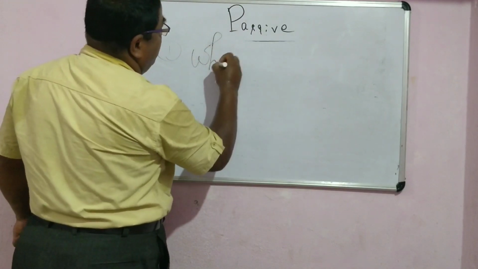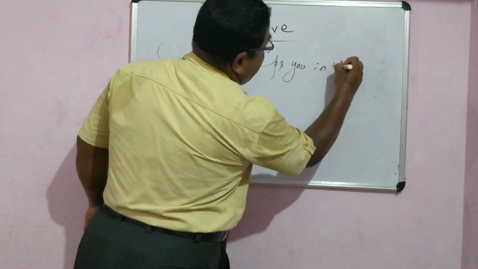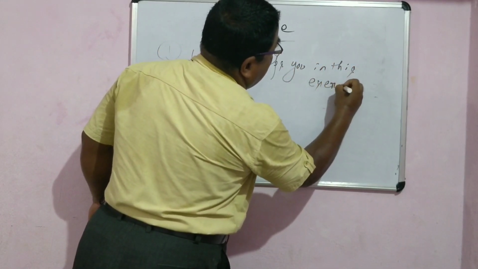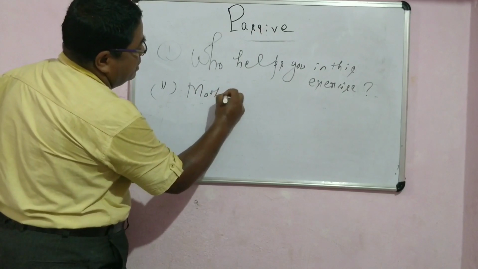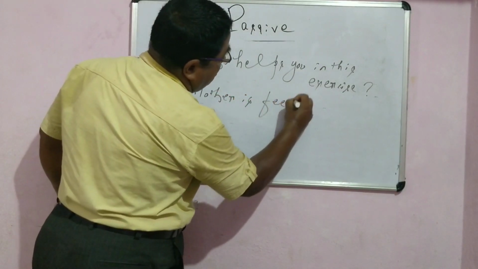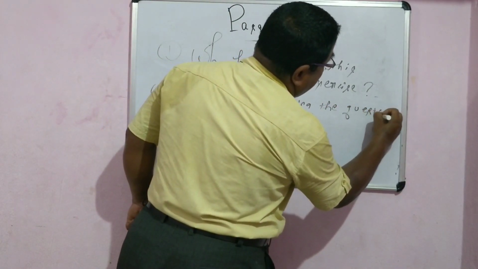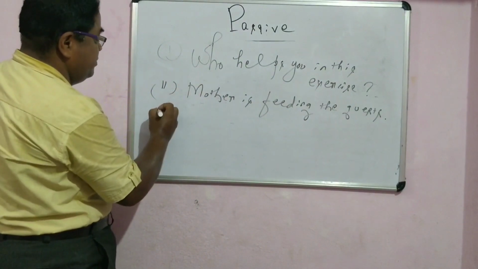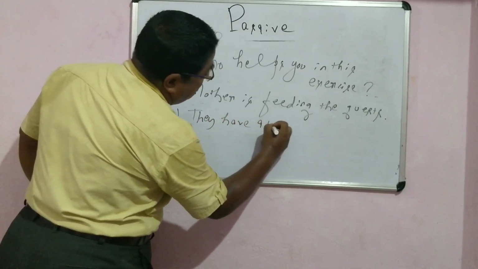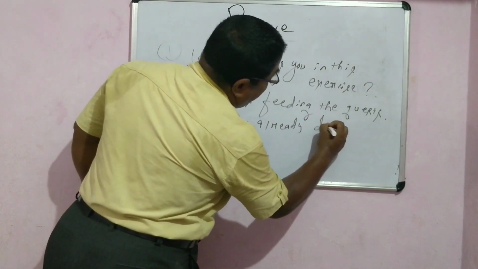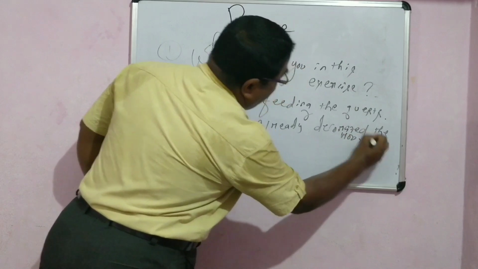Question number one: who helps you in this exercise? Question number two: mother is feeding the guests. Number three: they have already decorated the room.